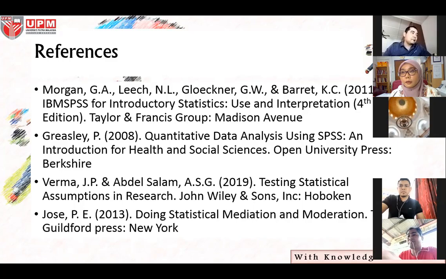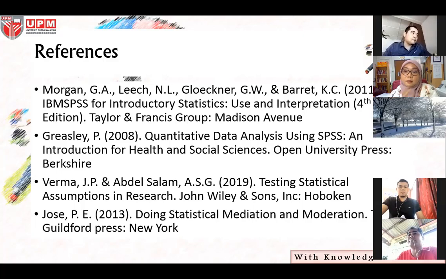But in the moderator, the IV is categorical and the DV is continuous. In ANOVA we do not have the third variable. We only have two variables. It's just that our IV has categories. Do not confuse with factorial ANOVA.